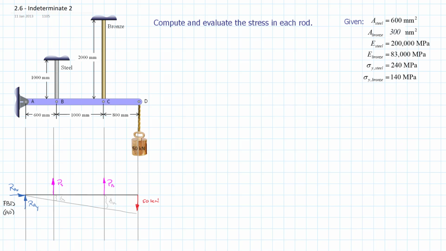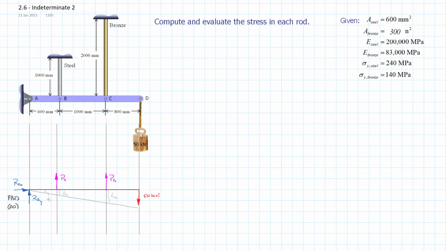Clearly they are related through the geometry of the problem. I'm going to further identify that angle in there as theta, so we can use that to refer to it, and see if we can relate P sub s and P sub b to each other through their deflections, delta s and delta b. I'm going to say derive compatibility.